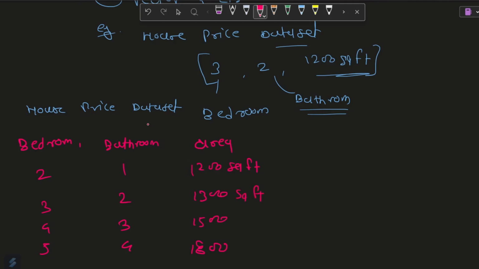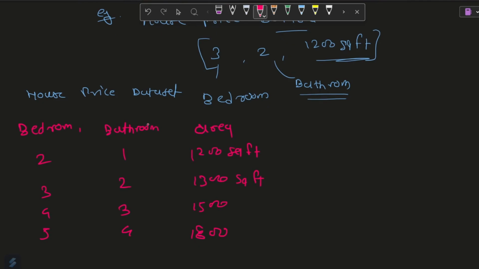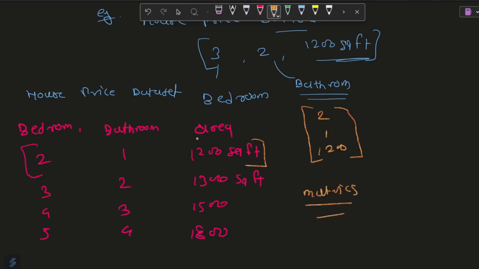So, what is a vector? A vector is basically this. For example, when you write 0, 2, 1, and 1200 in simple words, this is a vector form. Similarly, a matrix is basically a 2D array.